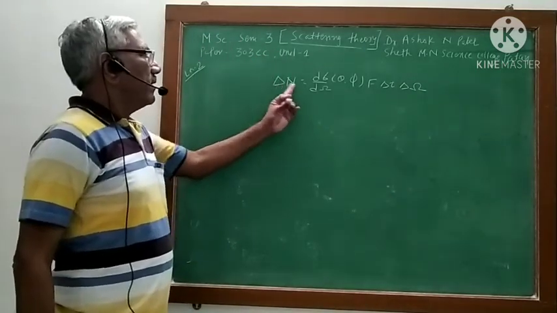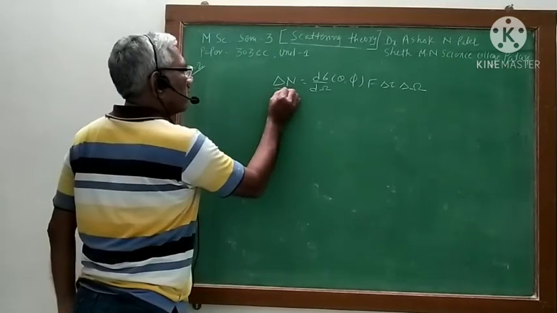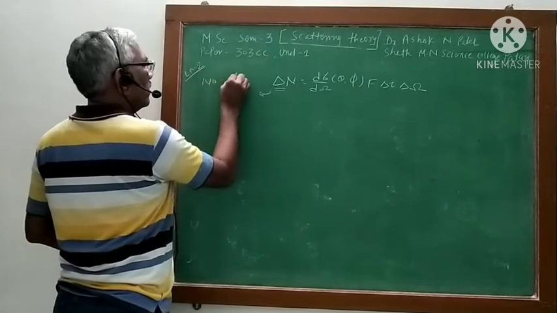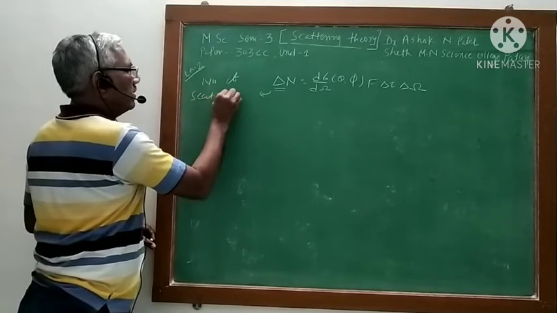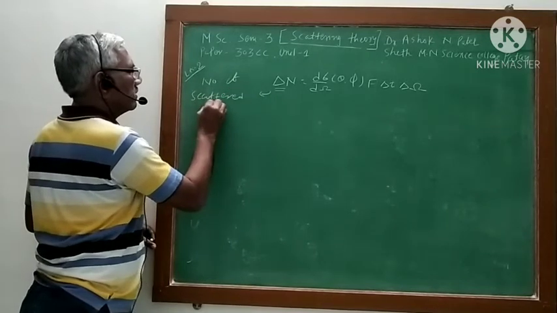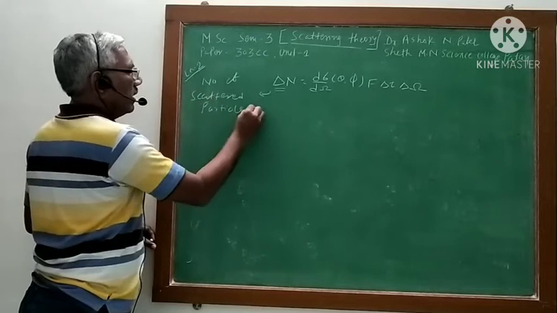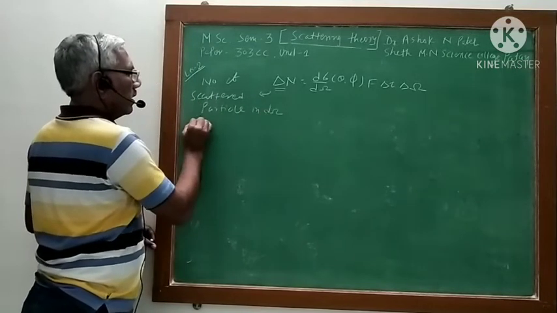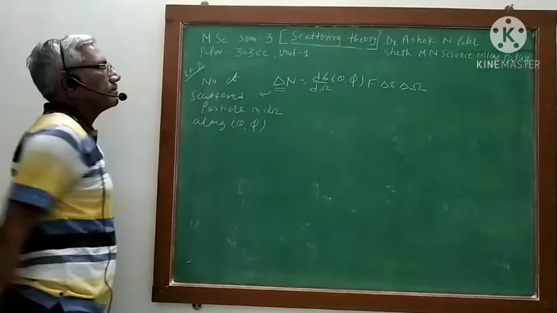In this, delta N represents the number of scattered particles in solid angle omega along the theta phi direction.